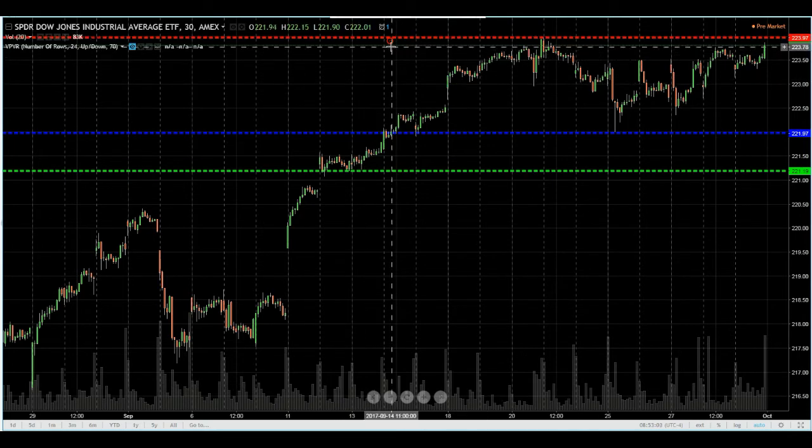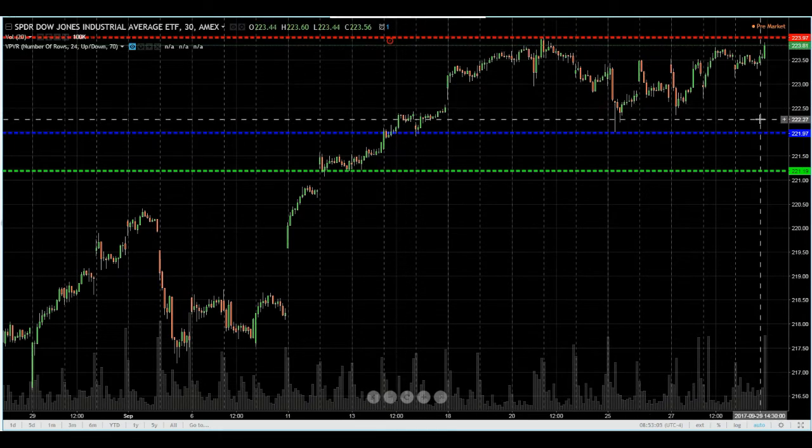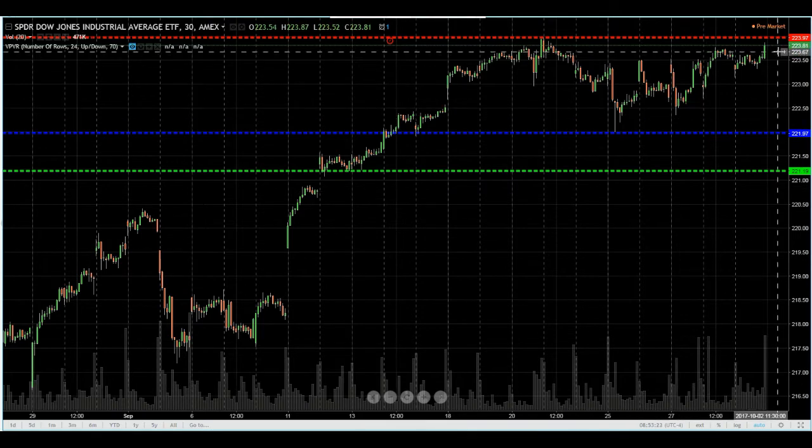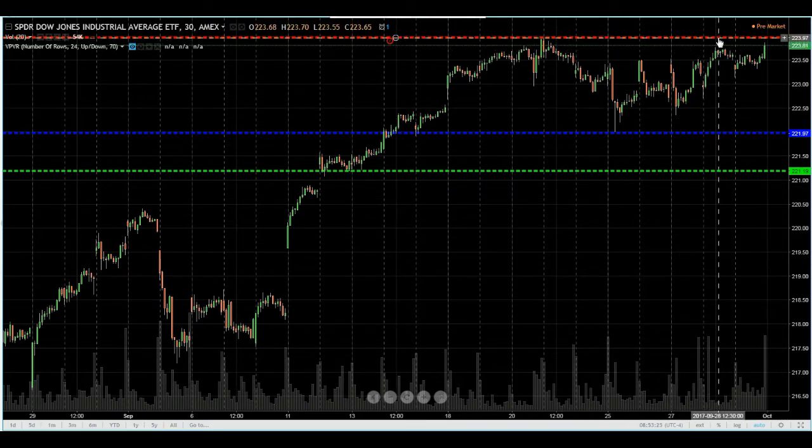So I've alerted this line right here, and I'm going to wait to see what the data that comes out today is to decide whether or not to participate in it. We have ISM manufacturing and construction spending at 10 o'clock, and then we have Kaplan speaking at 2 o'clock a little bit later. So I'm going to see what that means. Potentially this could be an area where I would short.